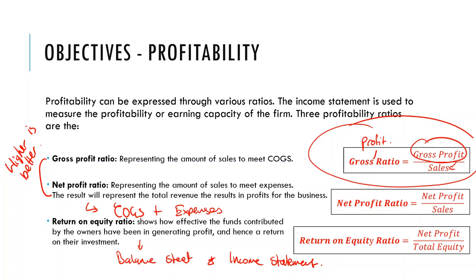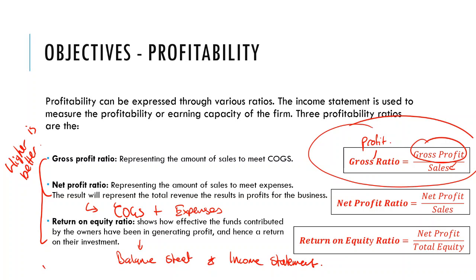And like the others, higher is better. If we have more profit relative to how much we put in terms of our investment, then that is a better outcome for the business. Okay, so that's profitability. First one done.